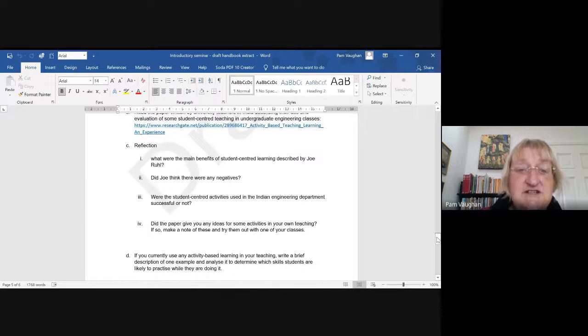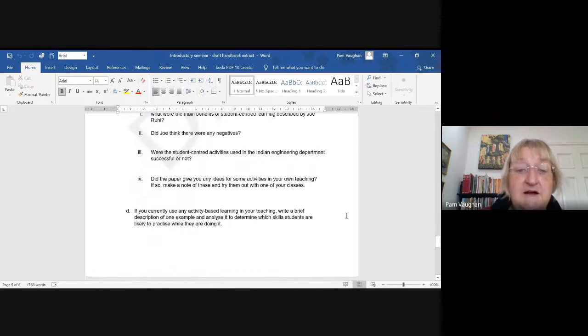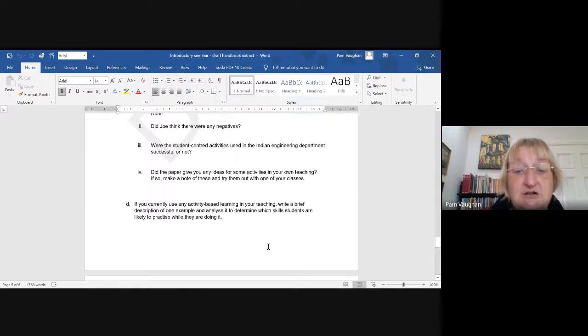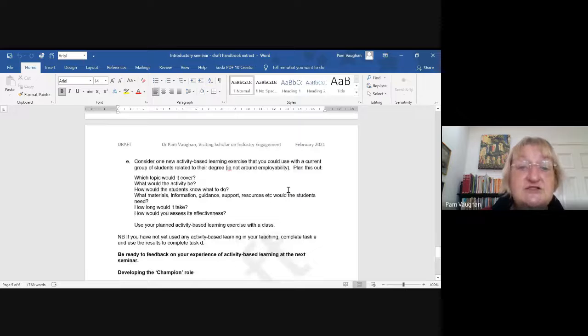So the reflection activities about the TED talk and about the Indian paper, and then asking you to analyse something that you do already in your teaching, which is activity based, and to think about the skills that students are using while they're actually doing this activity, and then to think about a new activity that you could use in your normal teaching, in other words, around their degree subject, not around employability, and to think about how you would plan that out, and how you would assess its effectiveness at the end, and then actually using that with a group.